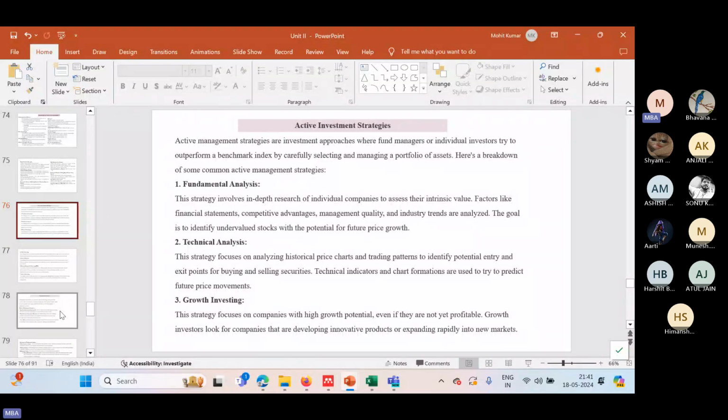Once it is the bottom, the price will start going up and you have to invest. Combined with fundamental analysis, your research would be deep. Then we have growth investing, where you focus only on companies with high growth potential, but that also involves fundamental analysis. Otherwise, how do you know that the company has high growth potential?